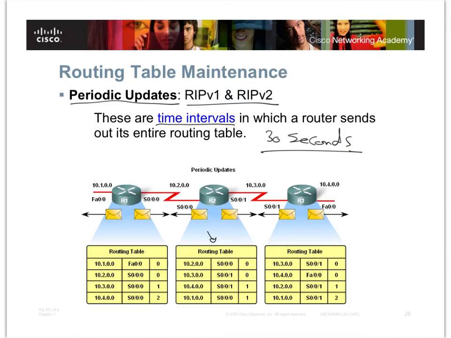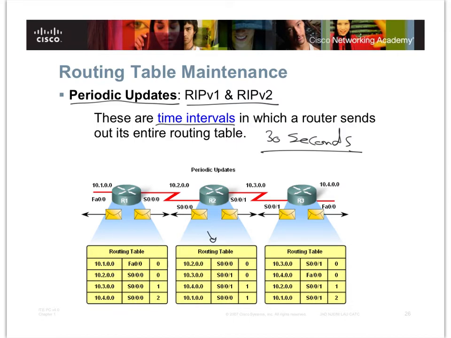And in many cases I have to send the routing table in multiple messages, not just one message. Because, as you can imagine, if the routing table is relatively large, I cannot send just one packet that will have a few megabytes. So in that case, I have to fragment it into smaller pieces. So RIP version 1 and version 2 use periodic updates every 30 seconds.